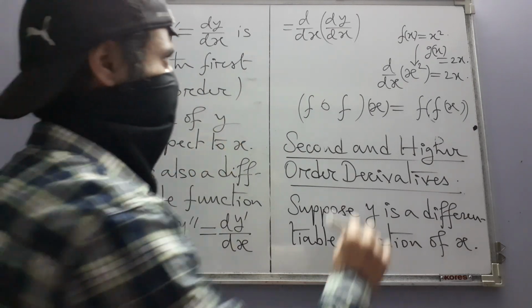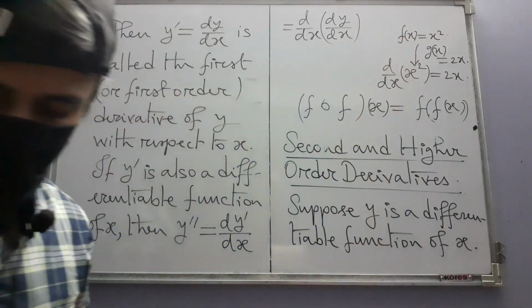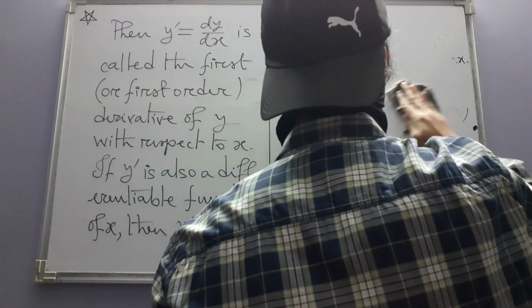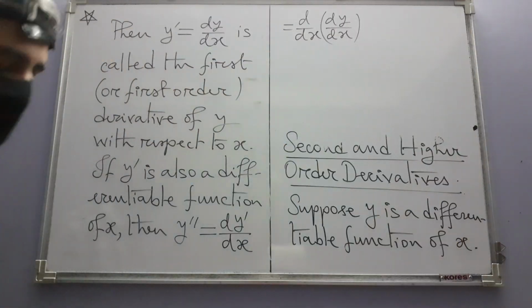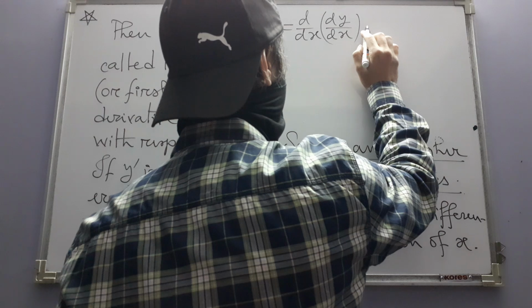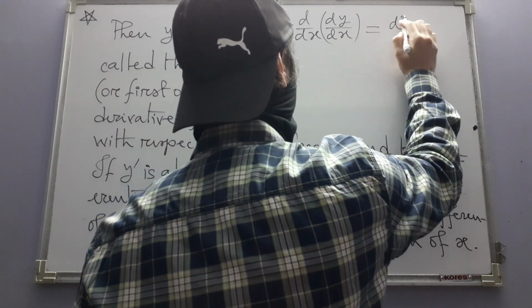And if you do this, there is a notation for this. To indicate that we have done it two times, we write like this.